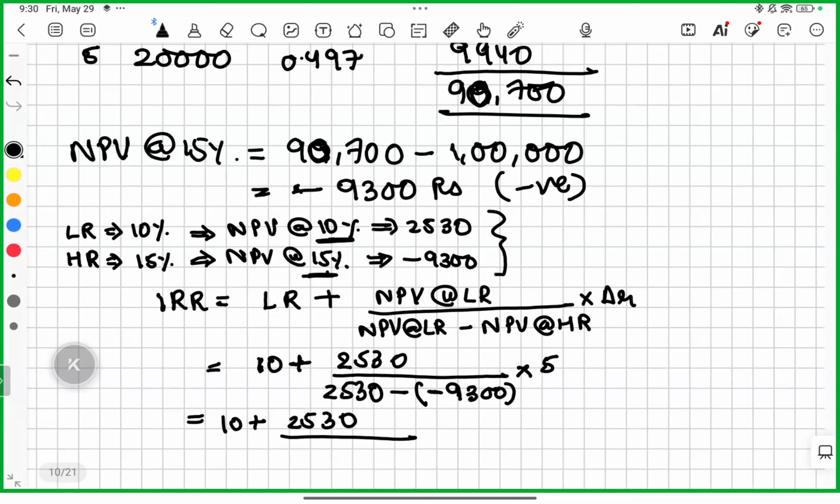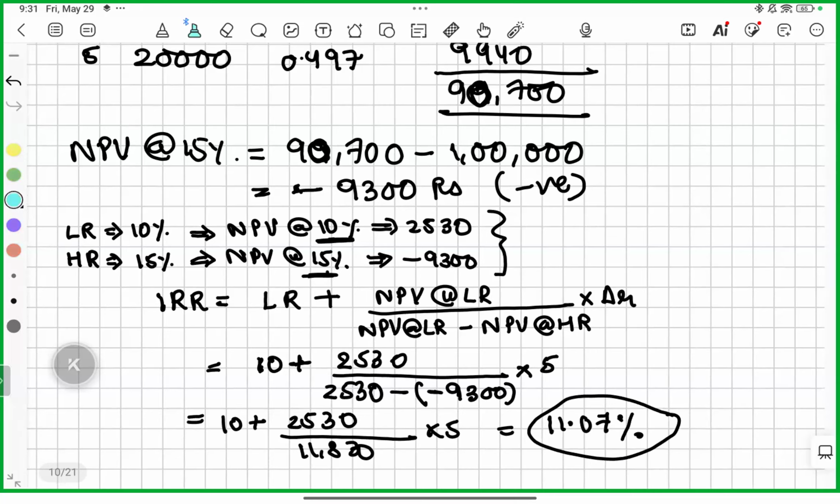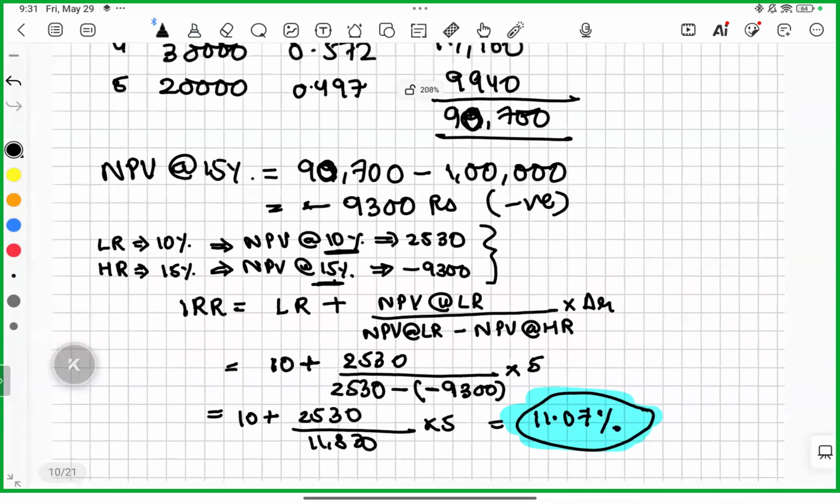This denominator will be minus minus plus, so it will be 11,830 into 5. If you solve this, you will get answer of 11.07 percent. What does this IRR mean? IRR means that if you discount cash flows at 11.07%, your NPV will be 0.